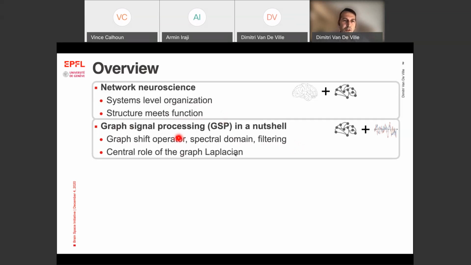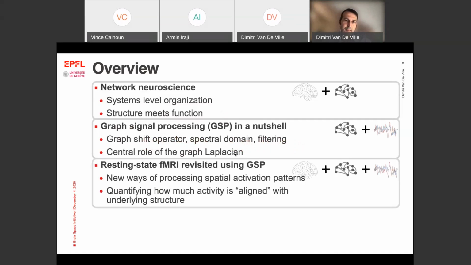And so we'll introduce concepts like the graph shift operator, what's the importance of the spectral domain, and how this can be used to do filtering of signals on the graph. And we'll see that the central role here will be played by the graph Laplacian, and I try to explain why.